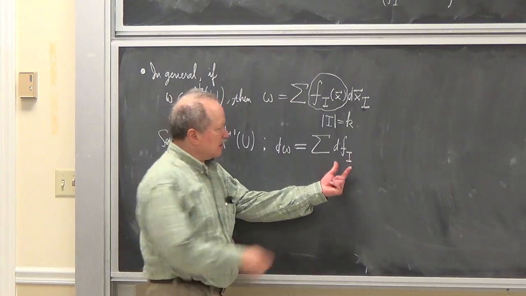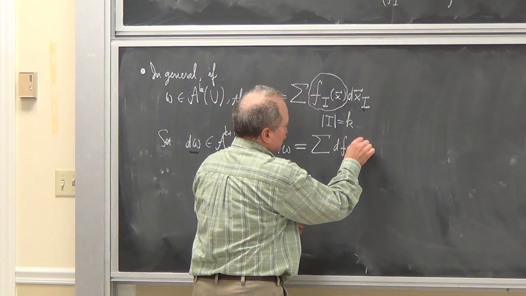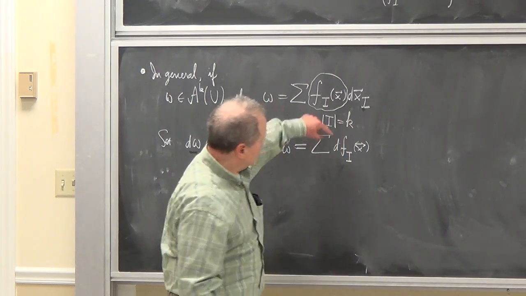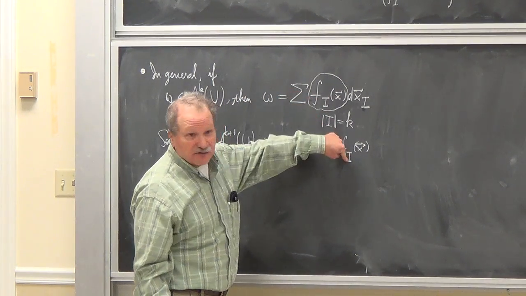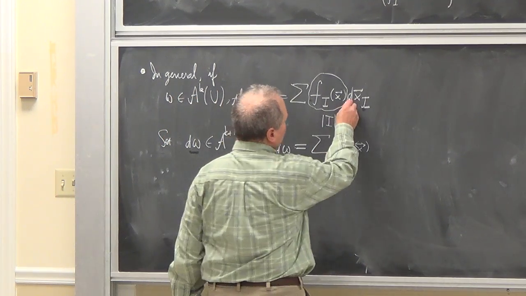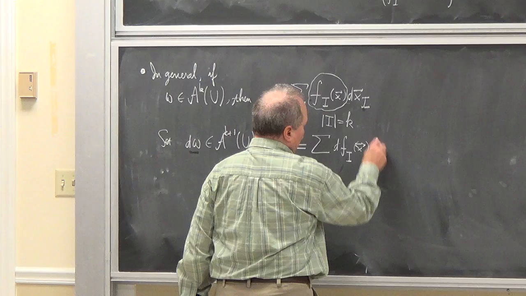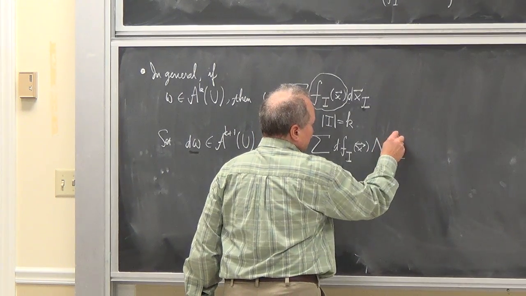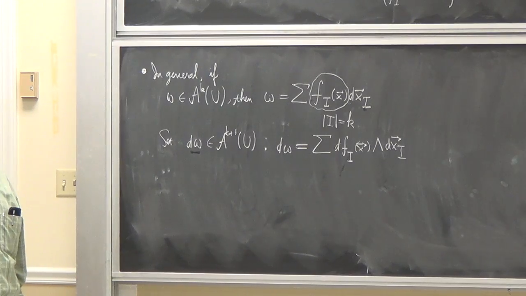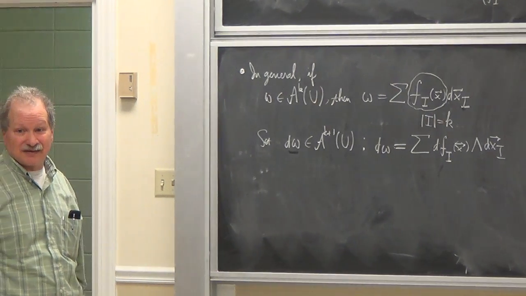This is now at x. df sub I is a what? f was a function. df is a one form. What can I do with a one form if I already have these k things sitting here? I can wedge them. So it's kind of inductive. Recursive, if you like, yeah.